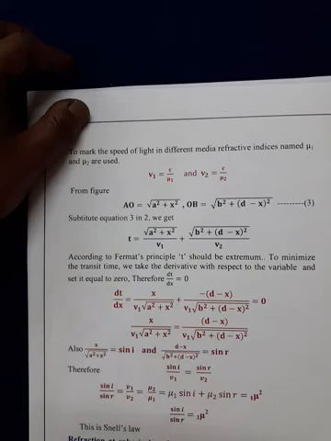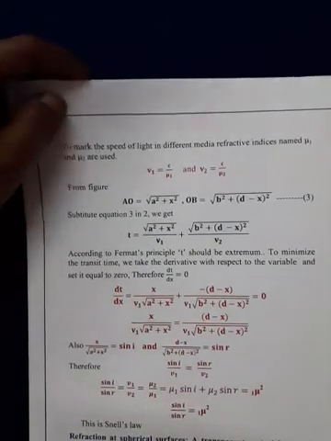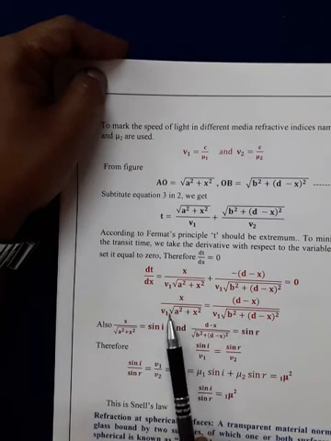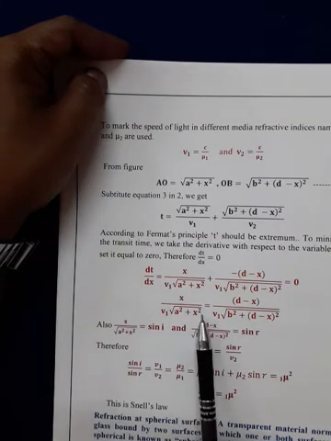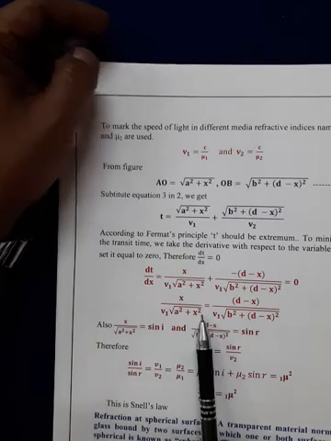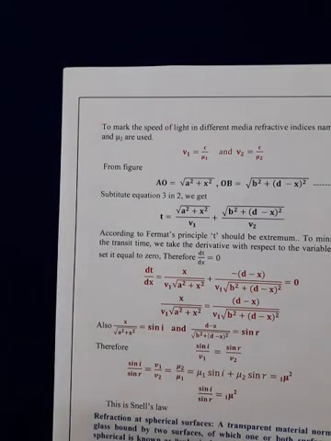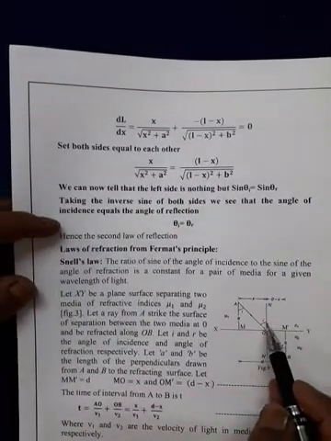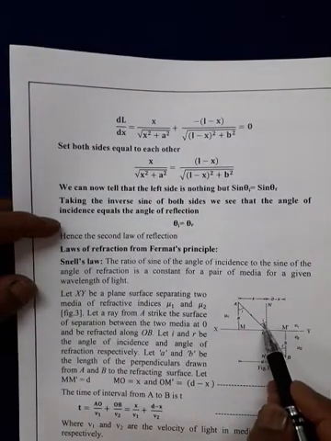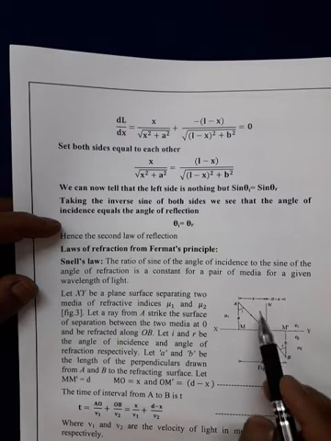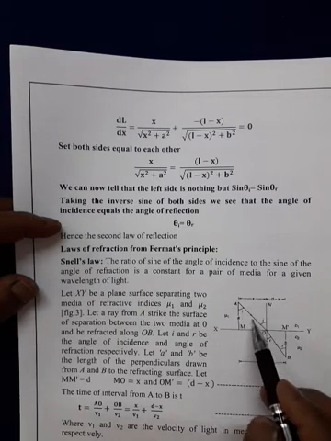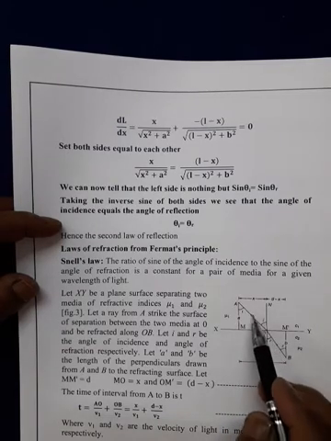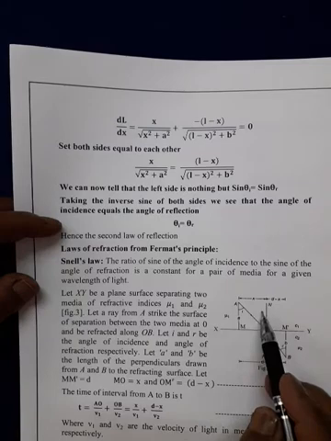Now, as you know, x by under root of a square plus x square: if this angle is I, sine I is nothing but the opposite side to the hypotenuse. What is the hypotenuse? Under root of a square plus x square.